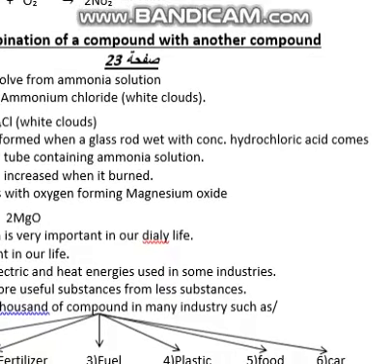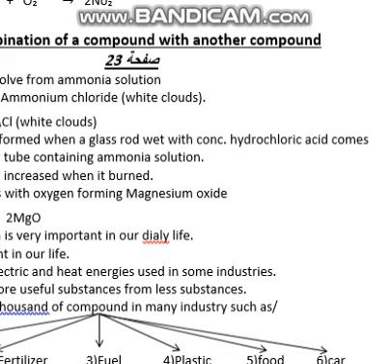And the combination of compound with another compound, the last one: ammonia gas evolved from ammonia solution combines with hydrochloric acid and produces ammonium chloride. When you pass the mouth of a tube containing ammonia solution near hydrochloric acid, what happened? It produces a white cloud.